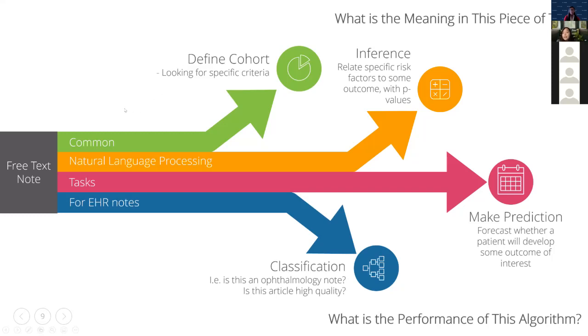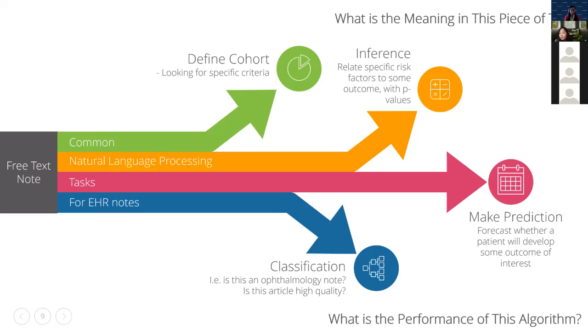So this could be looking through notes for particular criteria to define a cohort, like if we're only looking for phakic patients, patients who have their natural lens, or only pseudophakic patients, meaning patients who've already had cataract surgery, or we could use this to define some kind of outcome, like did this patient have a particular complication or hemorrhage, something like that. And then after finding those things, we might want to do some kind of inferential study, find some specific risk factor and relate it to some particular outcome with the purpose of calculating some p-values or odds ratios.